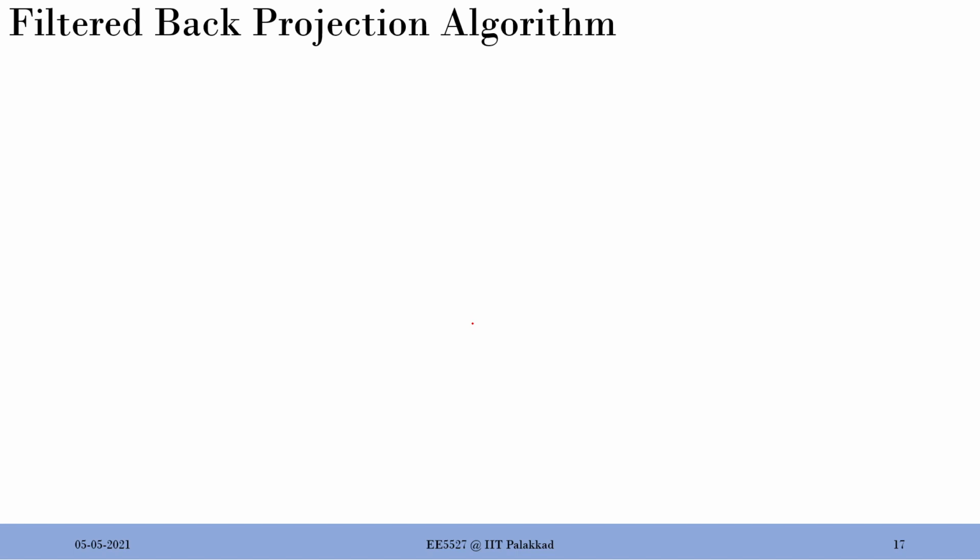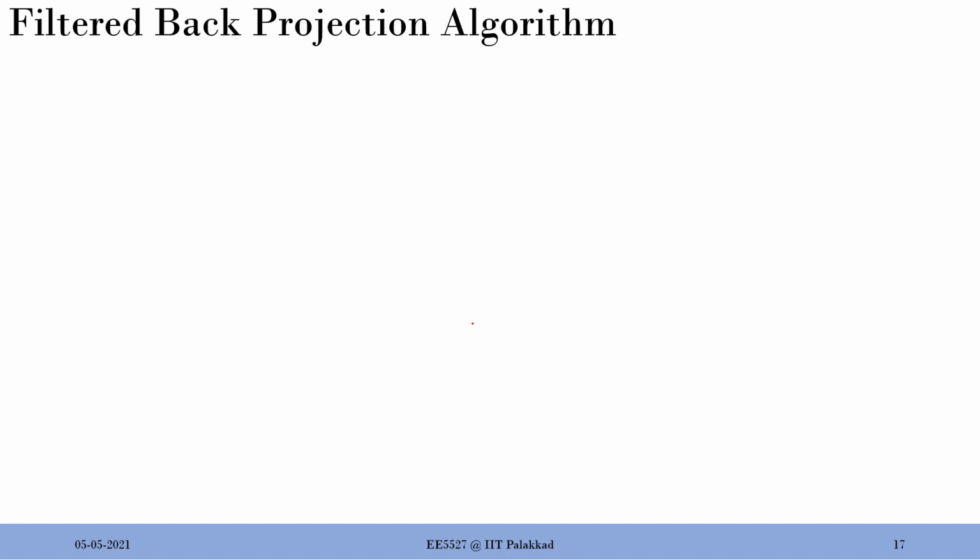So what you need to do is go to the Fourier transform of the slices. So P of S comma phi is what you have. You take phi equal to phi dash, you take the Fourier transform of that, then you apply the high pass filter. That means the low frequencies are removed. Then you take the inverse Fourier transform, come back to the projection domain, which will be like a filtered projection.